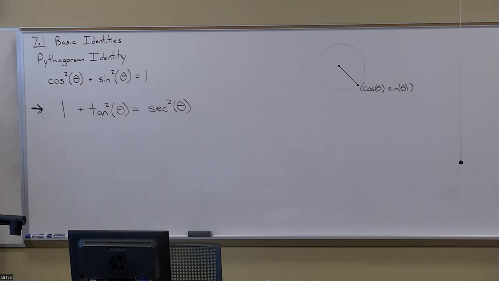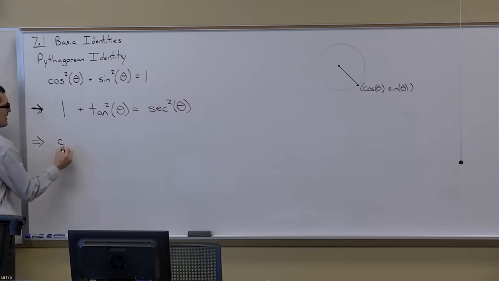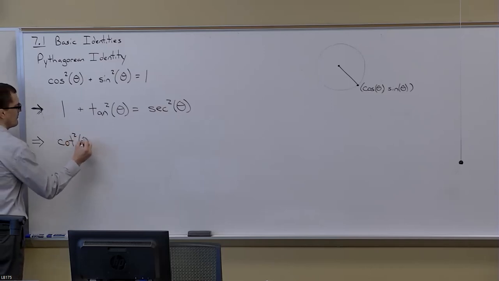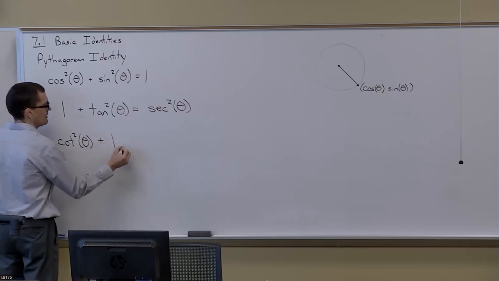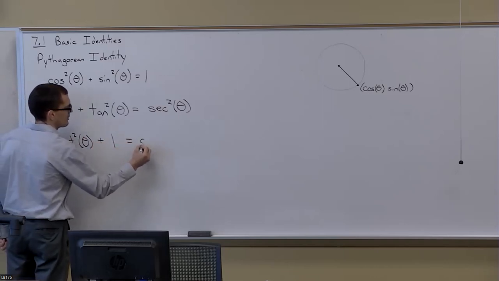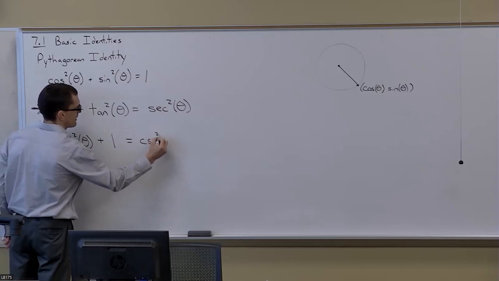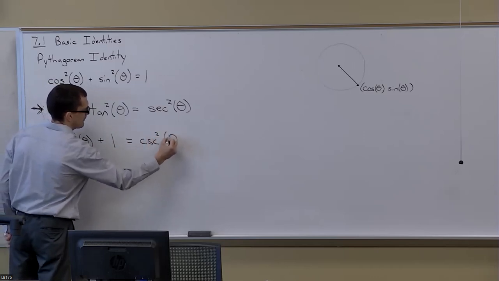That's another Pythagorean identity, and it comes straight from this. Another Pythagorean identity is that cotangent squared of theta plus 1 is equal to cosecant squared of theta.